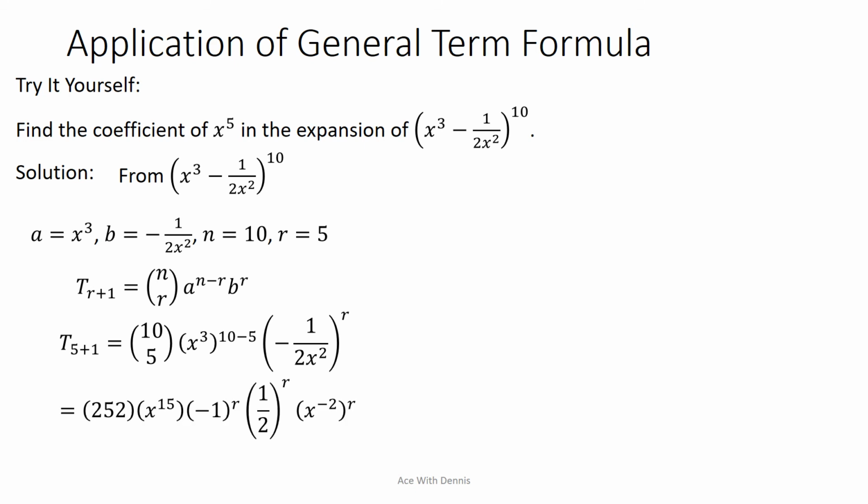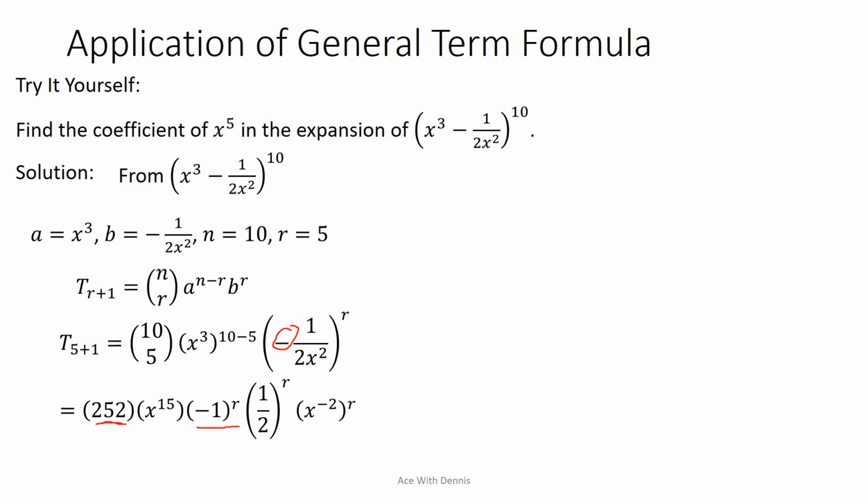Now from here you need to be very careful, especially when you see the negative value. You can break it and treat it as multiplied by negative 1, so it will be (−1)^r. Then 10 choose 5, the answer is 252.